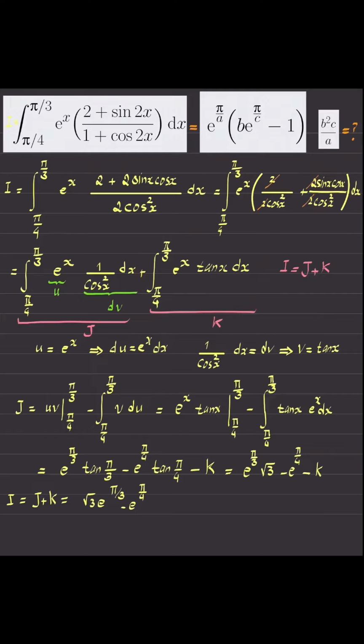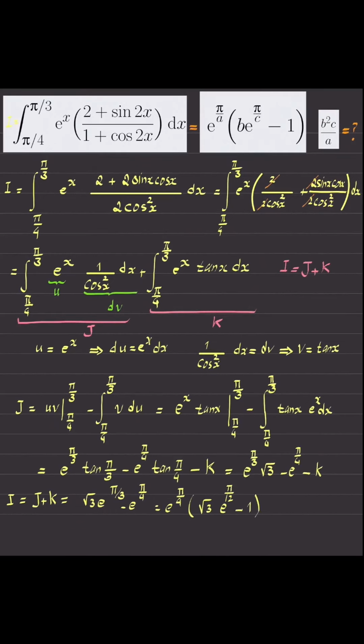But I have to write this answer in a way that I can compare it here. What you see is that I want to have this one equal to 1. So I will factor this out. So this becomes e to the power of pi over 4 times square root of 3 e to the power of pi over 3 divided by e to the power of pi over 4, which simply becomes e to the power of pi over 12, minus 1.